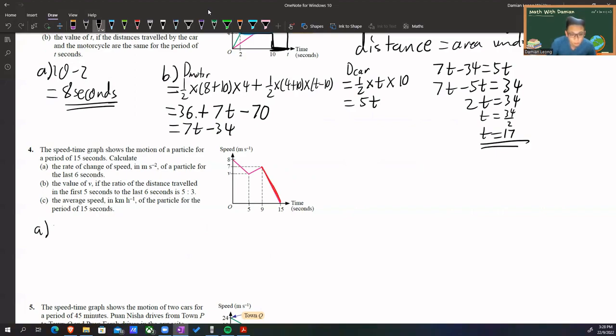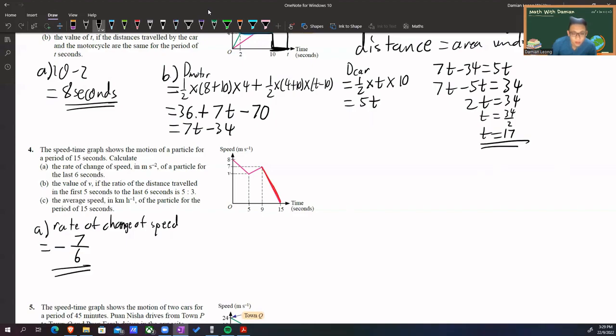So rate of change of speed here will be going down, so it's negative value. Then take the change in speed, 7, divide by the change in time for the last 6 seconds. So basically I divide by 6.